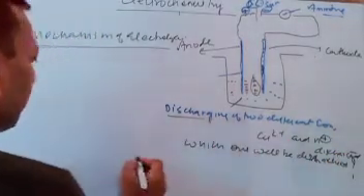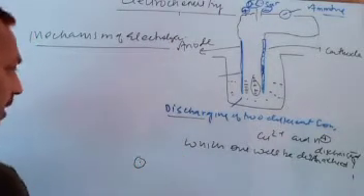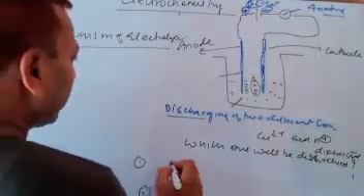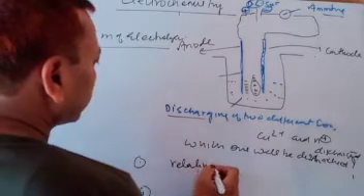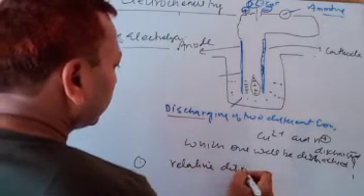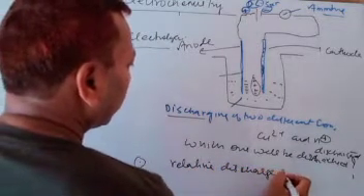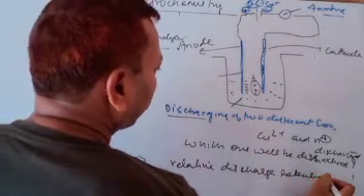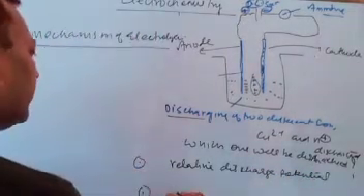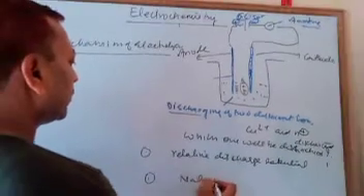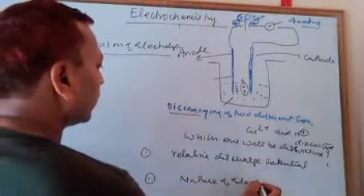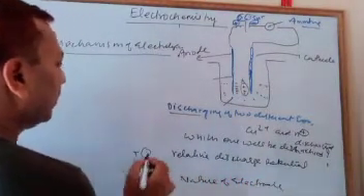What are the factors? There are two factors. First, the relative discharge potential. Second, the nature of the electrode.